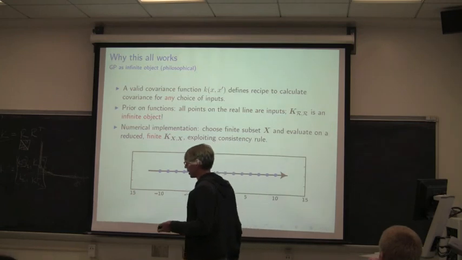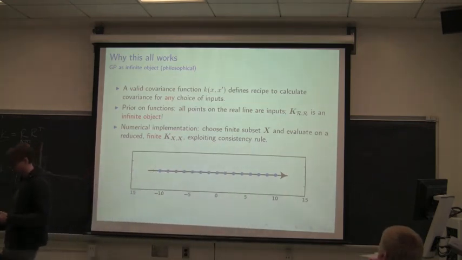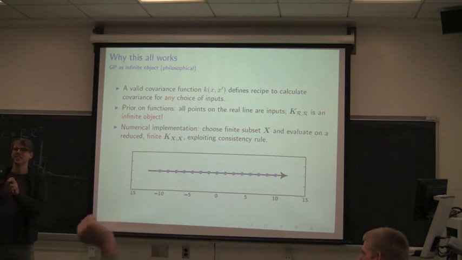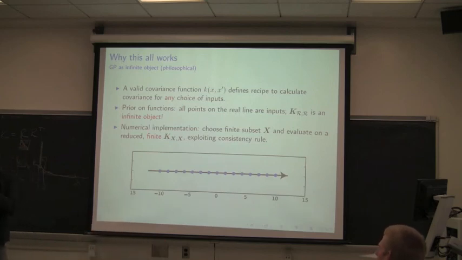Well, basically, the consistency rule is that. Okay, now I have to explain consistency. Consistency means that if there is some true function that you want to learn, then given an infinite amount of data, you will find the true function.